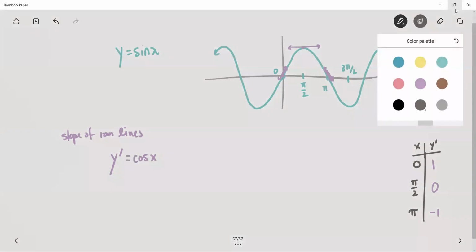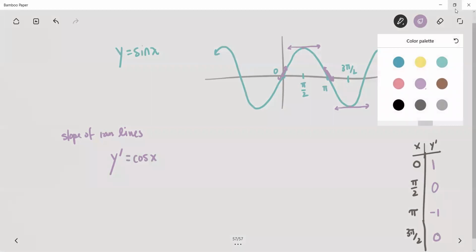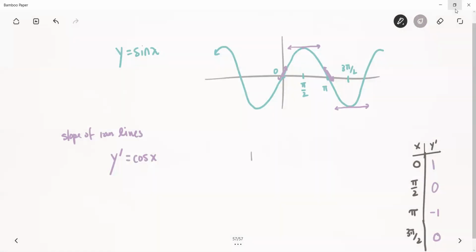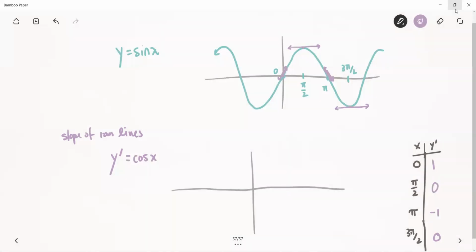Then we can check 3 pi over 2. Again, that slope is going to be 0. And obviously that's only 4 points, but you can kind of see that if we take those ideas, 0 up at 1, pi over 2, 0, pi -1, 3 pi over 2, 0.